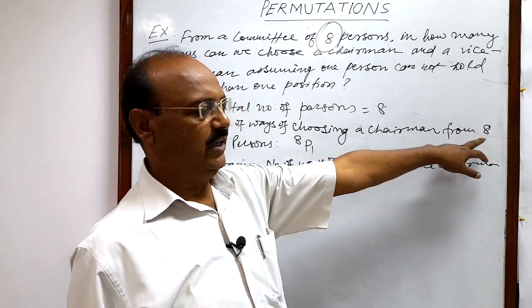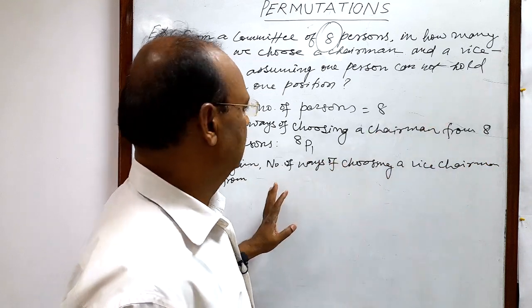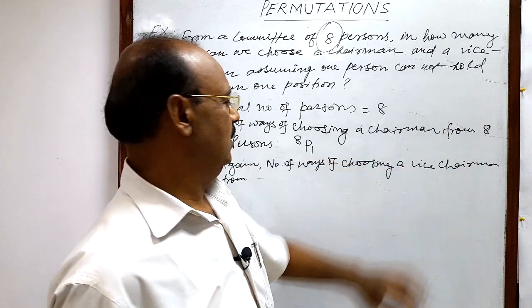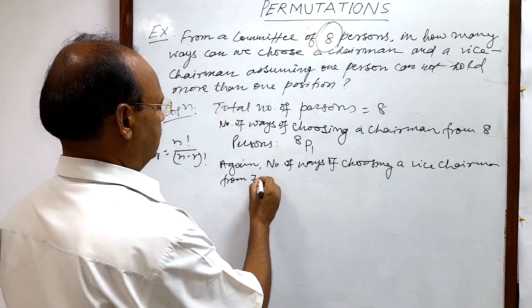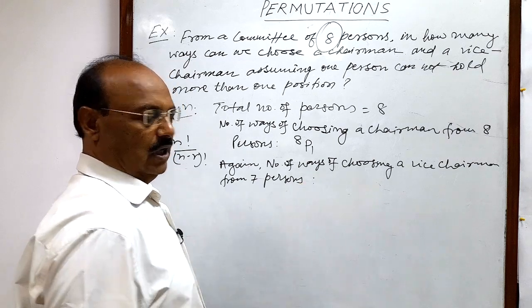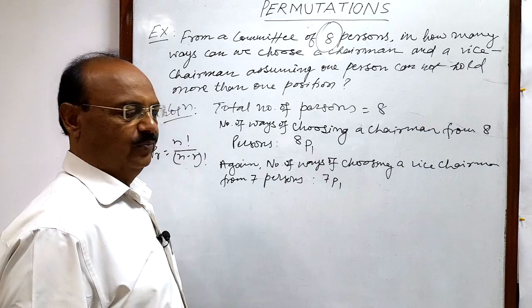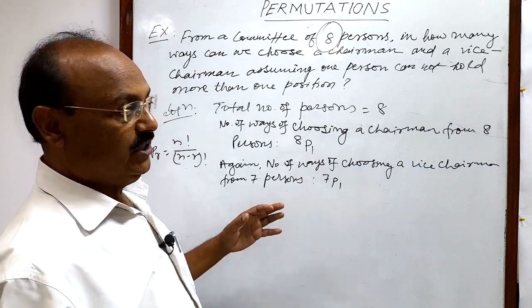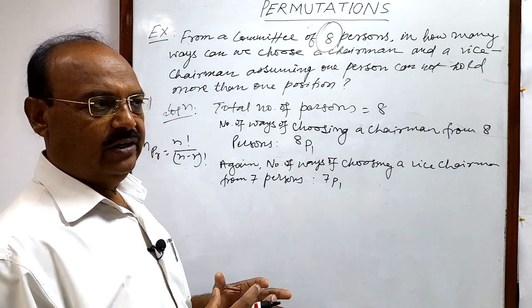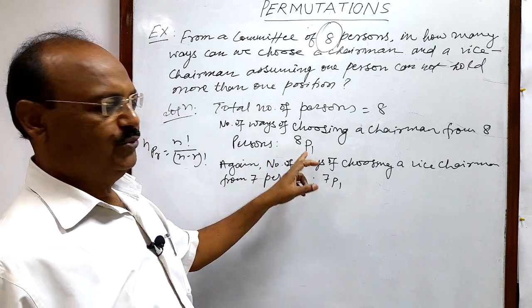Because out of these 8, one person has already been selected as a chairman. So the remaining number of persons will be 7. So from 7 persons, how can we calculate? That will be 7P1. And for choosing chairman and vice chairman from 8, these two will be multiplied together.